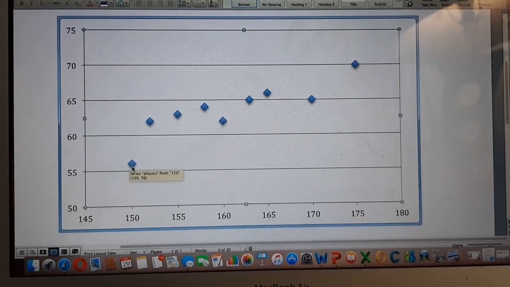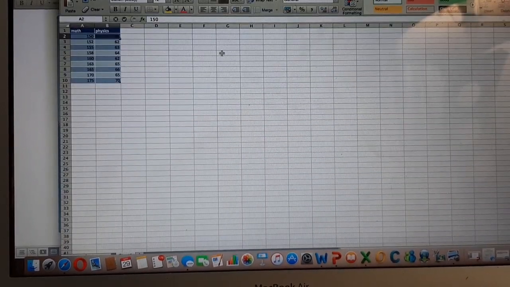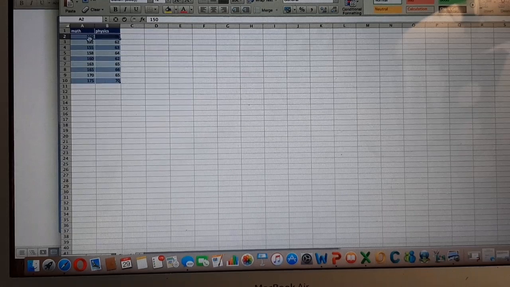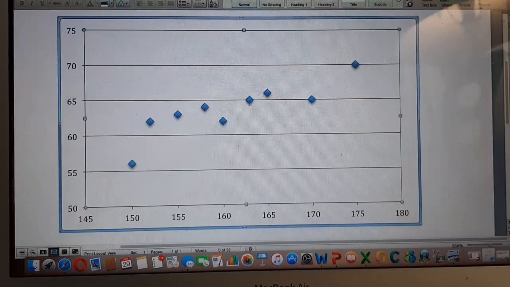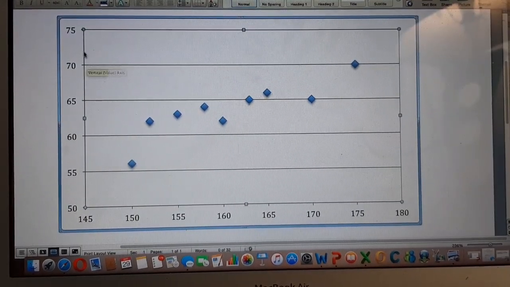From this table, you have 150 marks in maths, and against 150 we have 56 marks in physics. Now you are going to plot them on a graph. 56 marks, here you have 56.